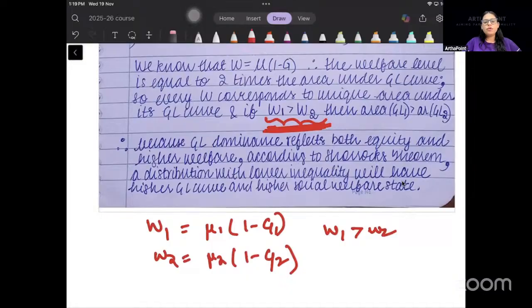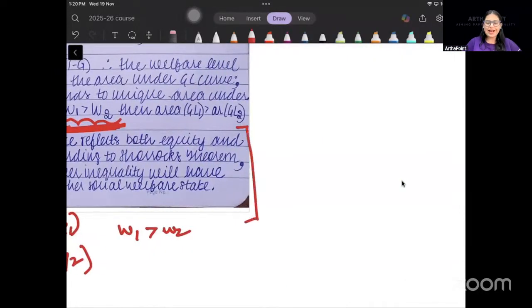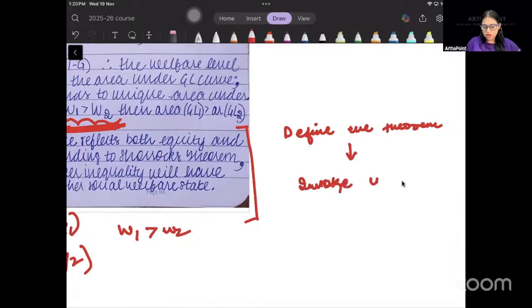Now, because you're using Sherlock's theorem, whenever you use a theorem, you must first define the theorem and then you should invoke the theorem. So for this last paragraph, you will first define the theorem and then invoke the theorem.